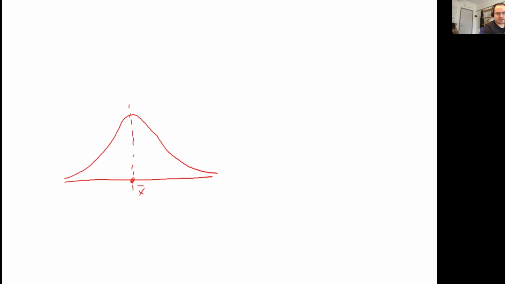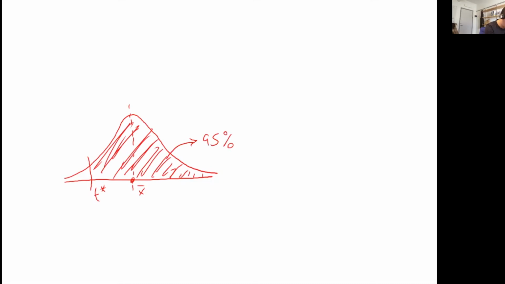If it was one-tailed, then this is what it will mean. Let's say this is my T star here, right? What does this mean? This means that 95% of my data is in this part of the graph here, and 5% is here.